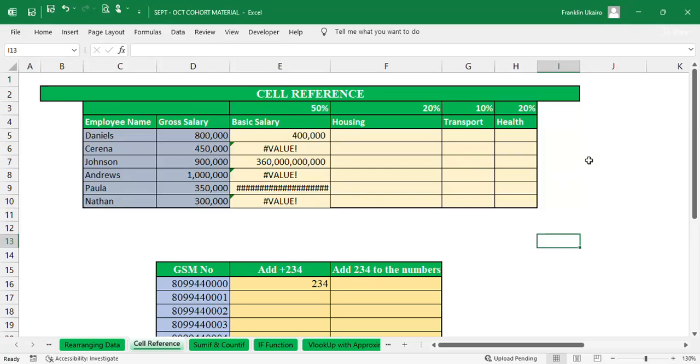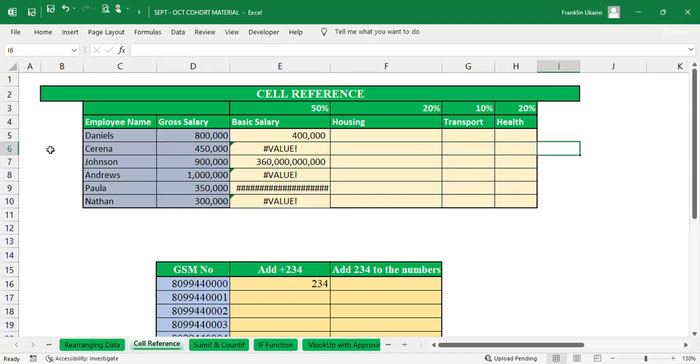So we said cell reference is also called cell address, and it is the name given to a particular cell. For instance, where my insertion point is now is called cell I6. It is called cell reference because it's making reference to a particular cell, and that cell is I6.